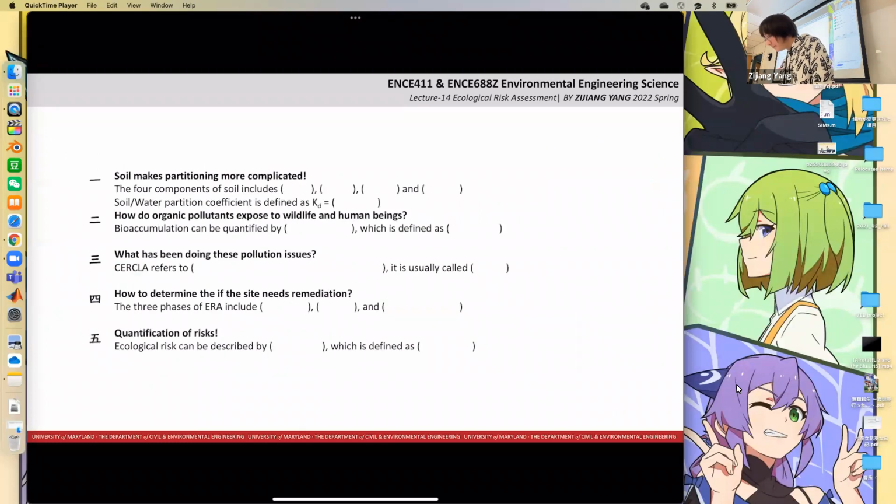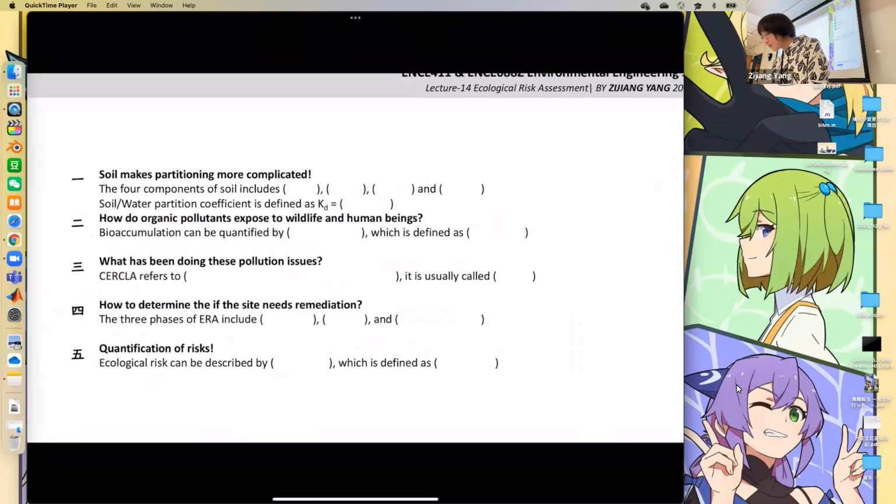Because we have some time, let's go through this review part together. The four components of soil include, do you guys remember which four? Air, water, soil organic matter, and minerals.